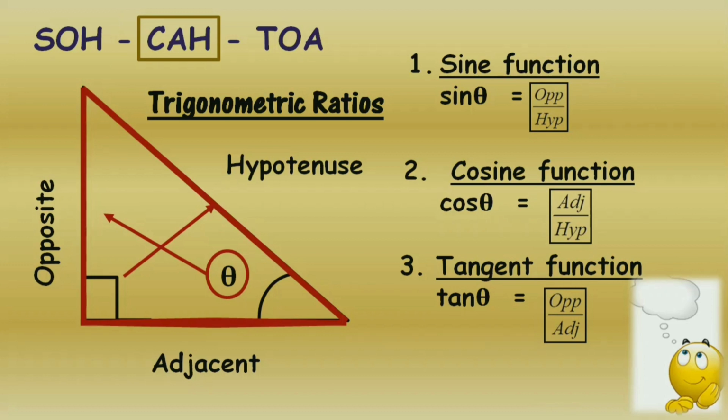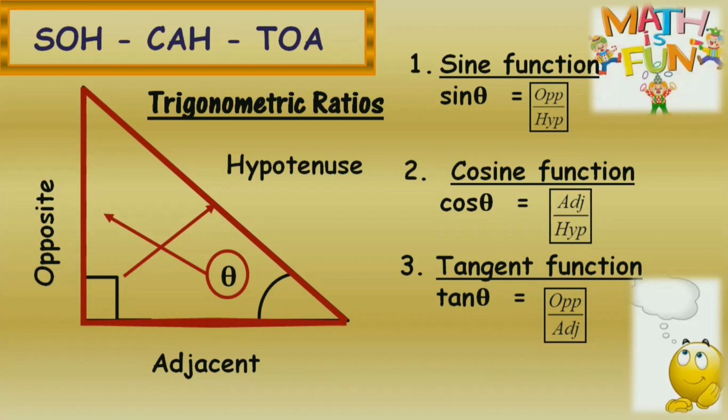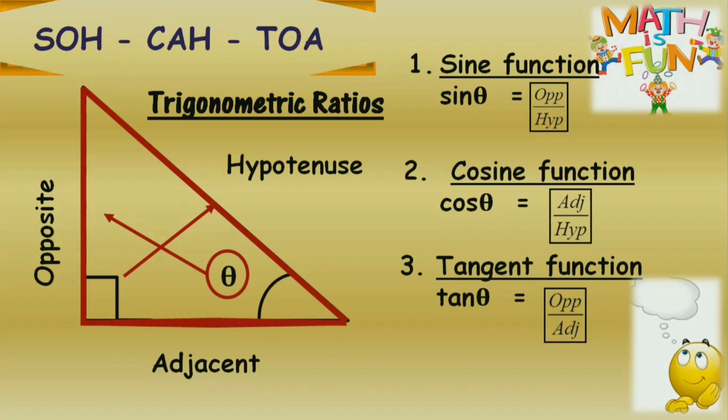Third formula. Tan theta equal to opposite by adjacent. So we write toa. What do we get? It is soh cah toa. We are using the first letters in each case. It may sound funny, but that is the best way to remember the formulas. So soh cah toa.